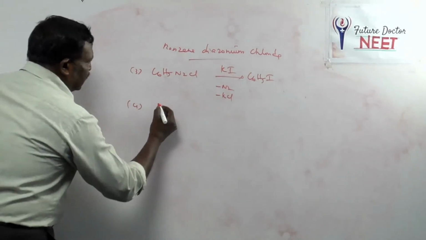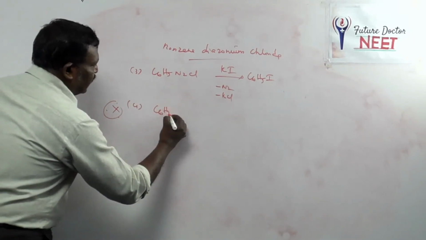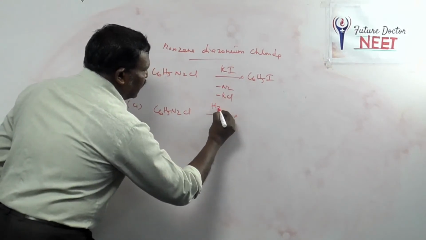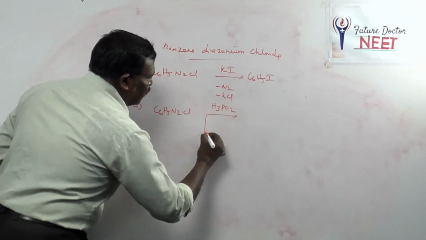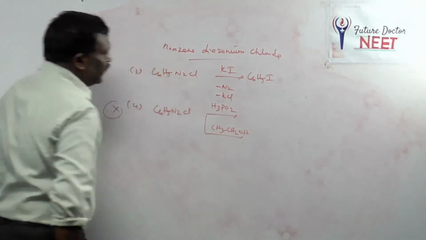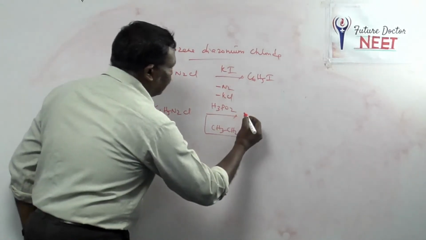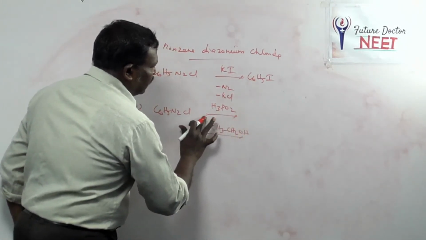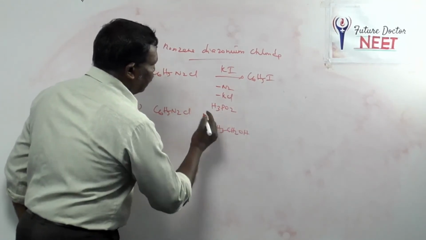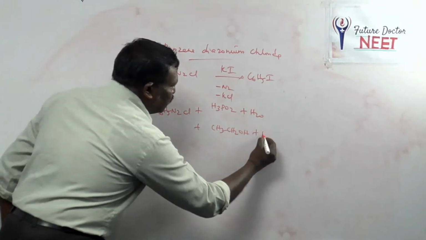The next one is important. C6H5N2Cl reacts with a reducing agent, H3PO2 or CH3CH2OH, plus H2O.